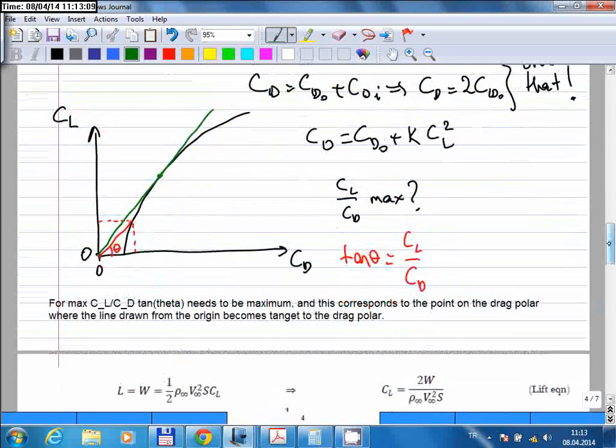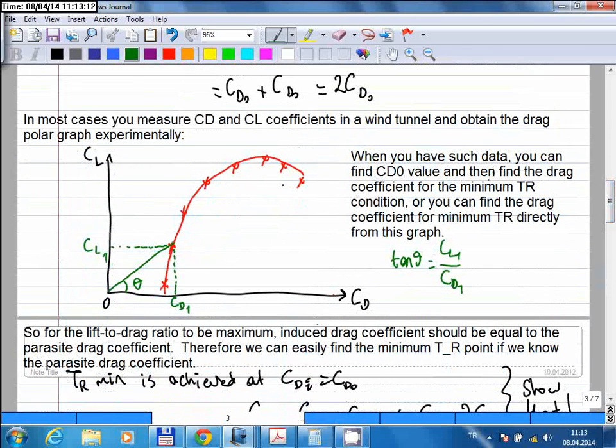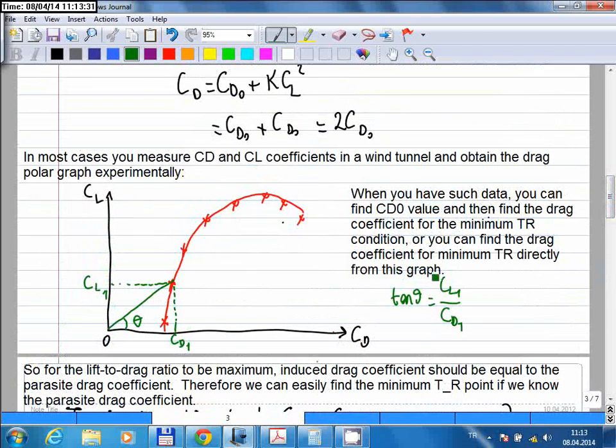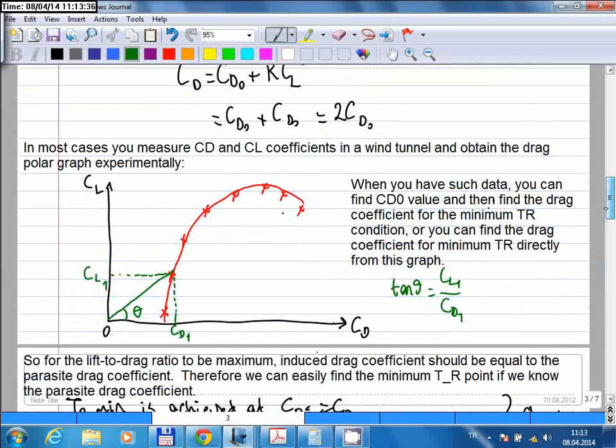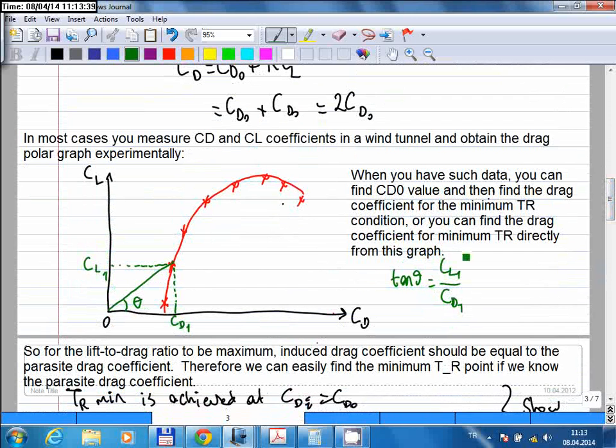So again, I drew a straight line from the origin to a data point, and if I look at the angle that line makes with the horizontal axis, the tangent of that angle is the ratio of lift coefficient to drag coefficient. Okay? So now can you tell me when this ratio becomes maximum? For this ratio to be larger, the angle needs to be larger, right? So for example, for this data point, the ratio is larger, right?